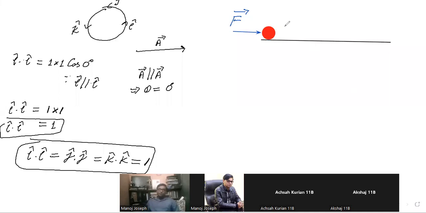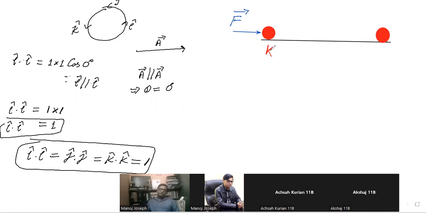Yes, sir. So this ball is acted upon by this force, and this force displaces this object by a displacement represented by x.